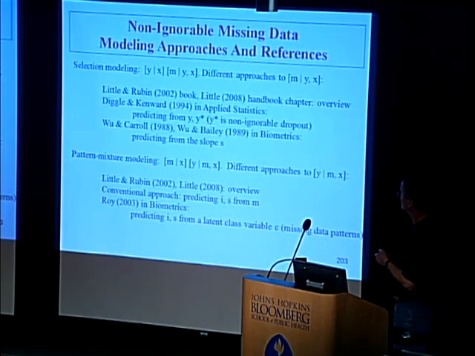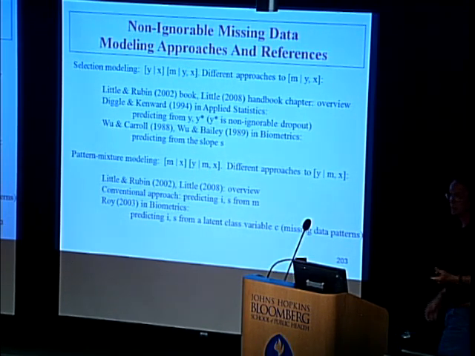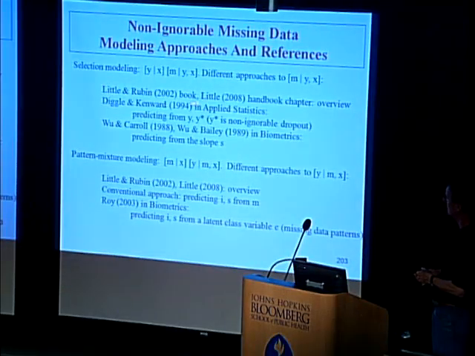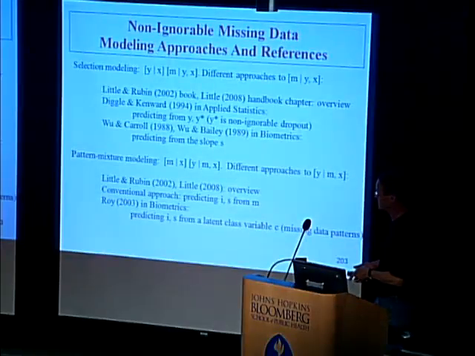But in one case, you're looking at m given y, and in the other you look at y given m. Two ways of expressing the same joint distribution of y and m, but leading to different kinds of models. So you have a classic Diggle and Kenward approach for selection modeling, and a classic pattern mixture model approach, with variations.